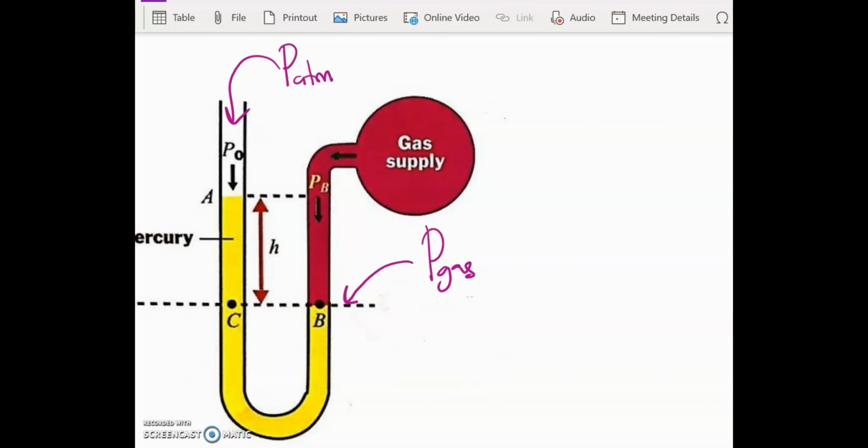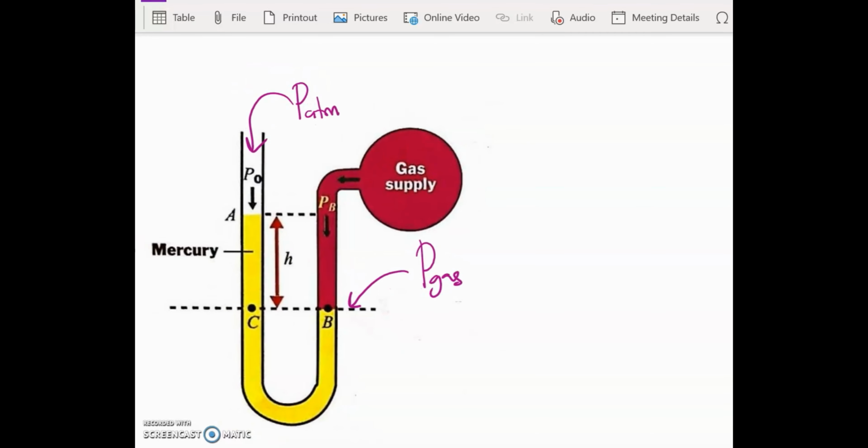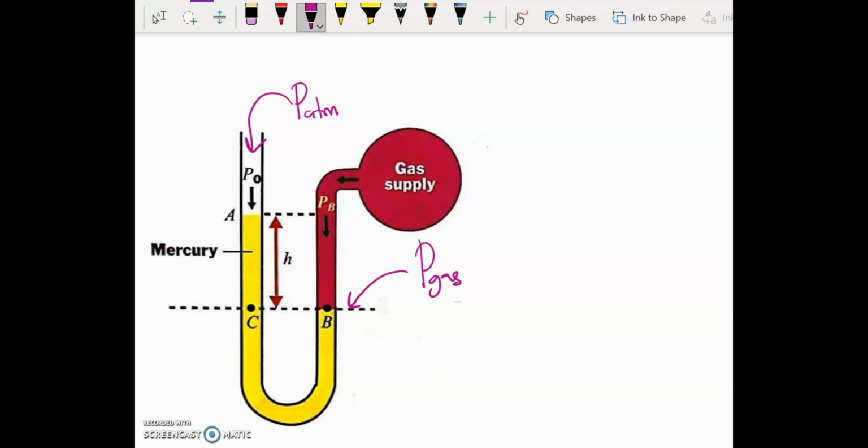Similarly, at the same level, they should have the same pressure. Let's say here at A, and here I'm labeling it with D. So pressure at A is equal to pressure at D.